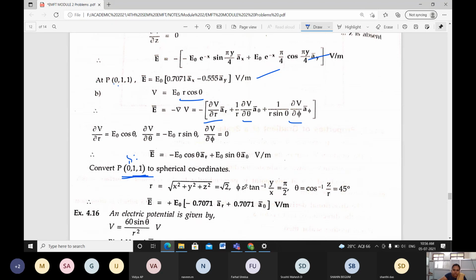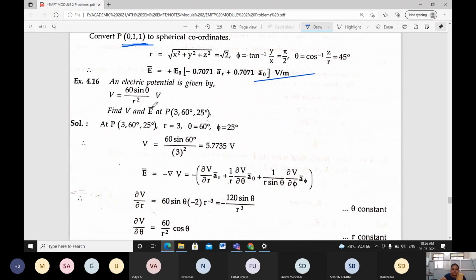Then φ is tan inverse of y divided by x, that is π/2. And θ is calculated using cos inverse of z by r, which is equal to 45 degrees. Then substitute in this equation, and E will be E0 of minus 0.7071 ar plus 0.7071 aθ volts per meter.